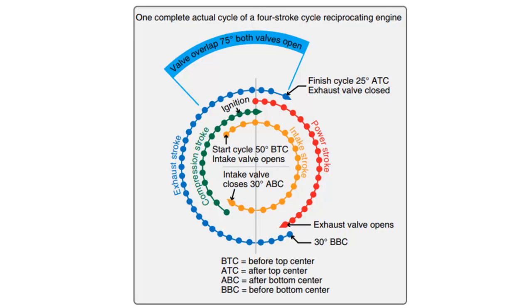Now both valves are closed at this point and remain closed through the compression stroke and almost all the way through the power stroke. We open up the exhaust valve a little bit before the piston gets to the bottom of the power stroke, so that the burning fuel-air mixture, the exhaust gases, can get moving through that exhaust valve quickly, so that we get that stuff exiting overboard as quickly as possible.